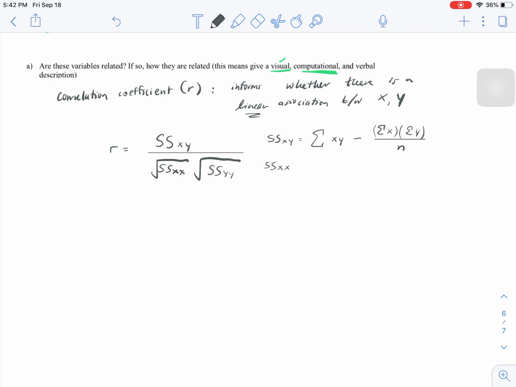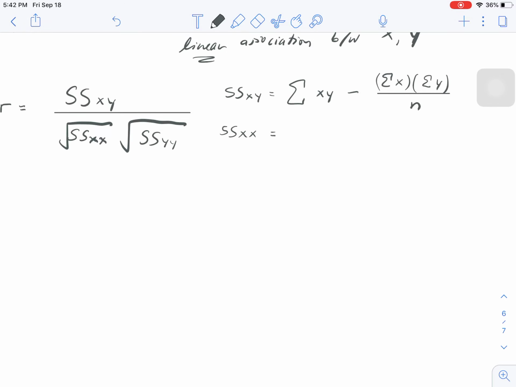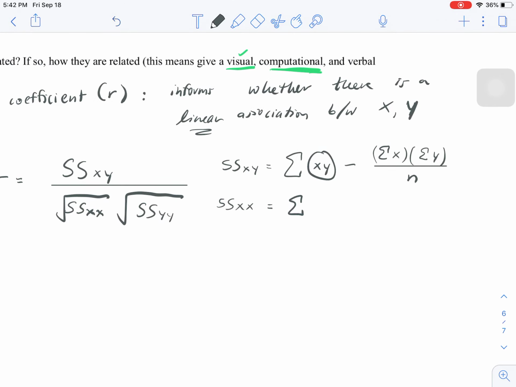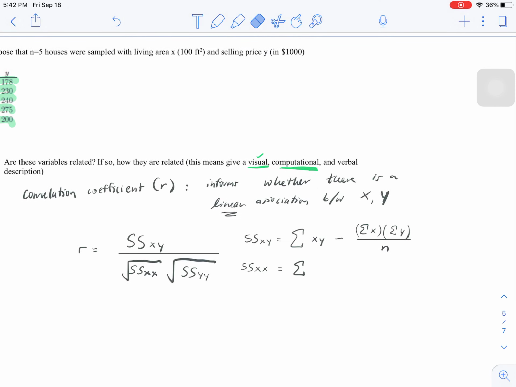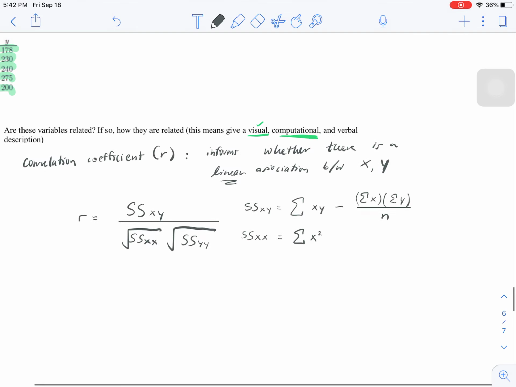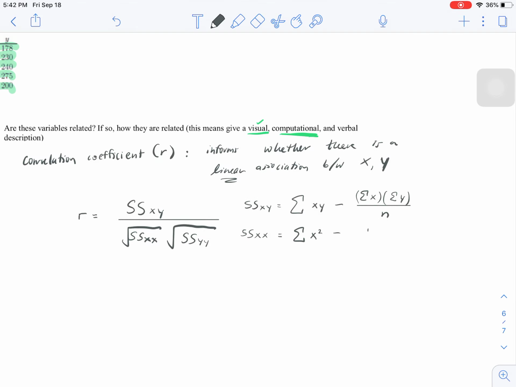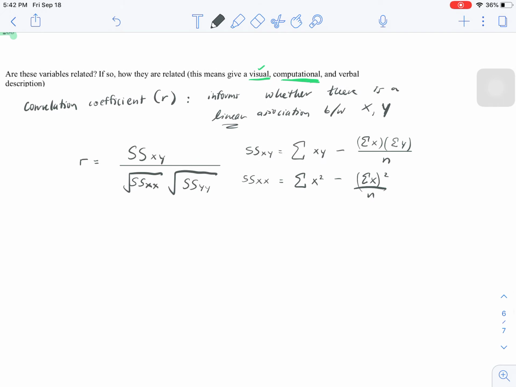Sum of squares for the x's looks pretty similar. Now instead of multiplying the x and y pairs and adding them up, we're just going to, for each row, square the x value, then sum all the x values and square that sum and divide that sum by our sample size.